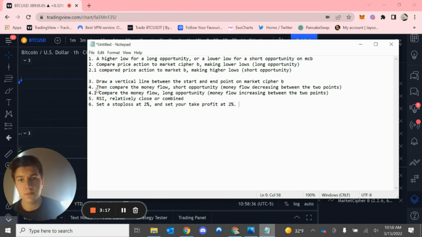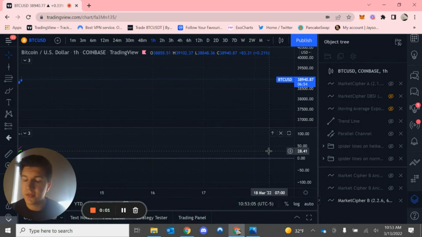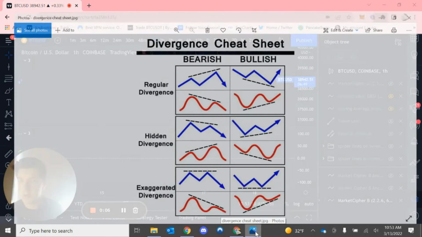It's a very basic strategy, and again, good luck. And so that's the very basic strategy, what I've used to gain profit when I first got Market Cipher B.